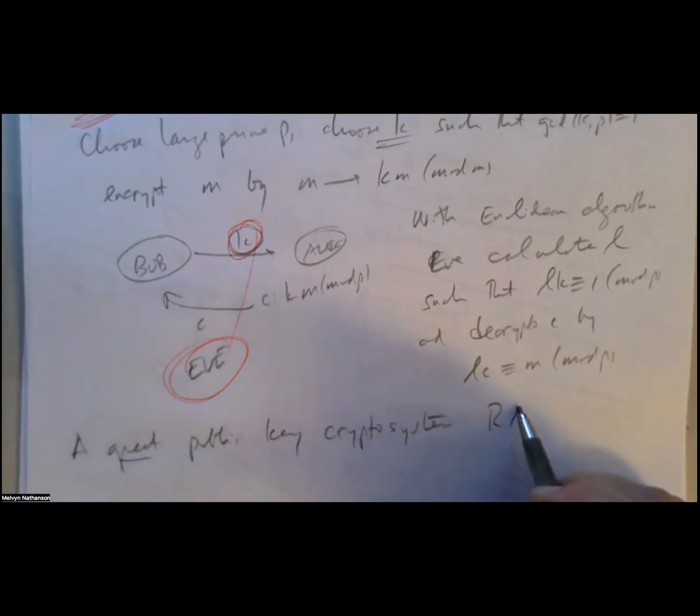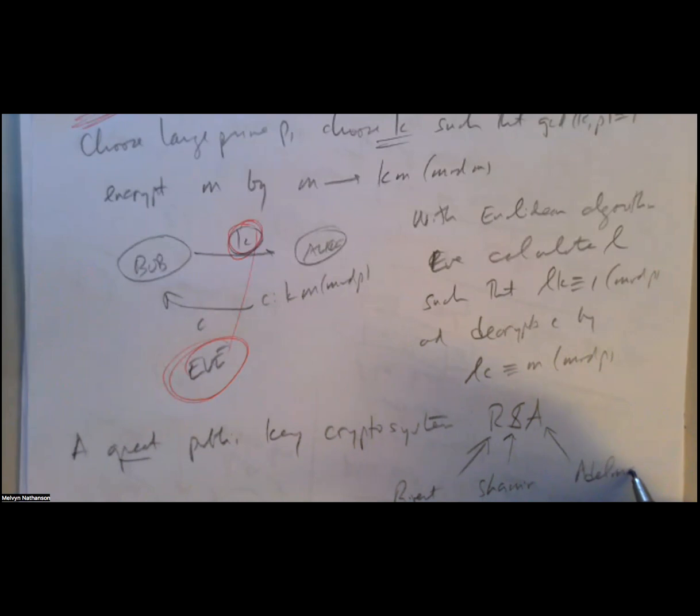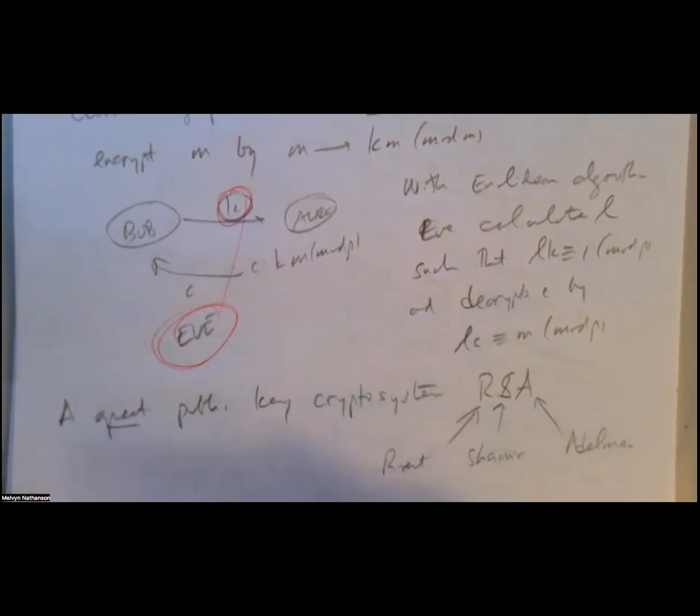And this is called RSA for its discoverers, Rivest, Shamir, and Adleman, the RSA crypto system. So it's very similar to this bad system, but of course there has to be a difference because this is bad and this is great.